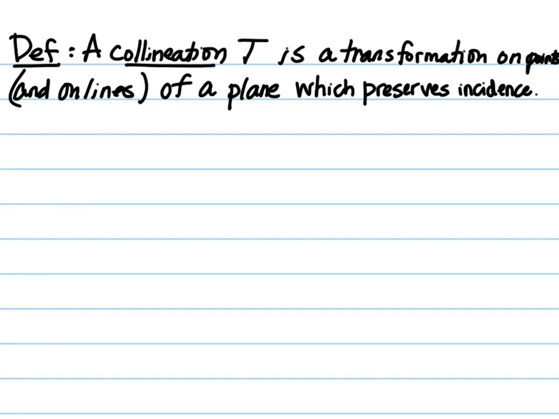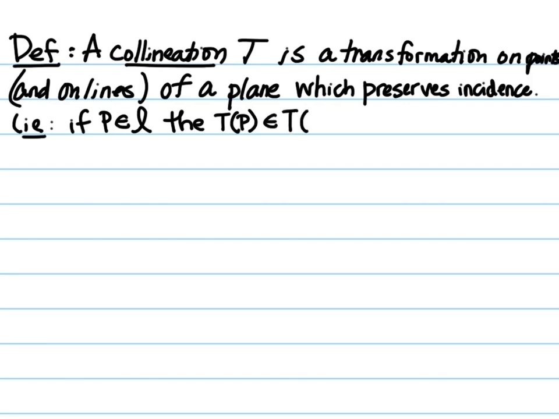So in other words, if P is on line L, then the transformation location, wherever we've moved P to, T of P, is on the line T of L.